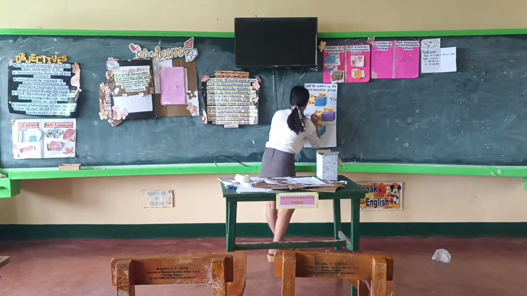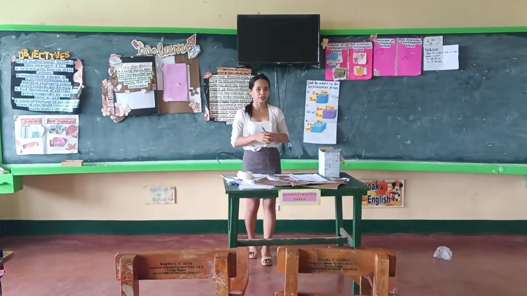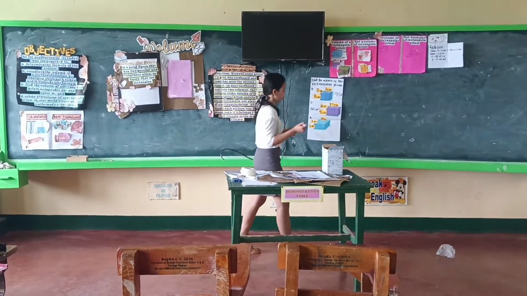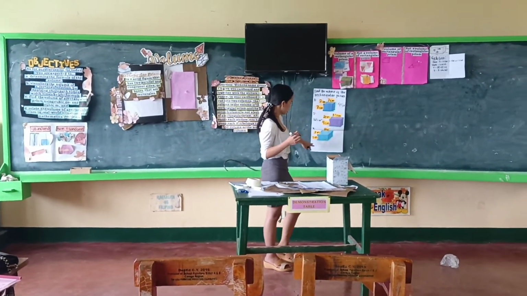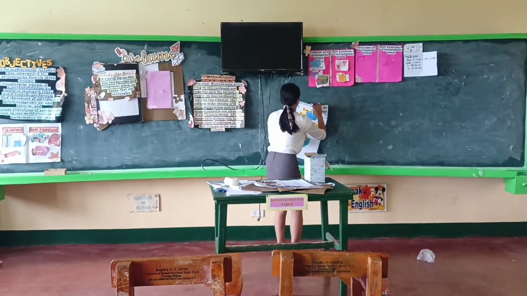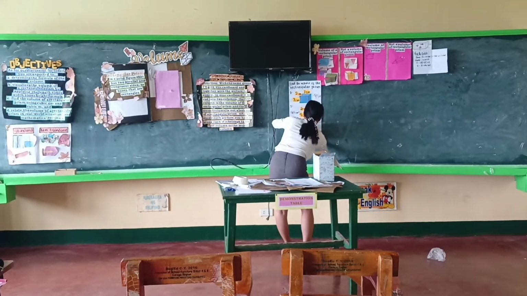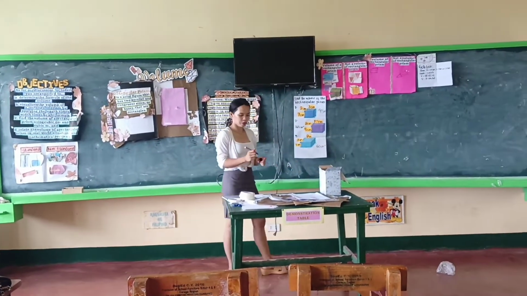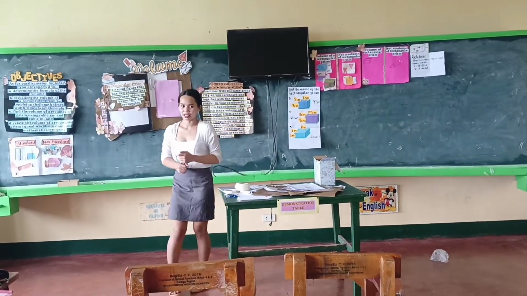And number 3, yes, Lardy? Yes, very good. The answer for number 3 is 8 times 7 times 3, so the volume is 60 cubic centimeter.